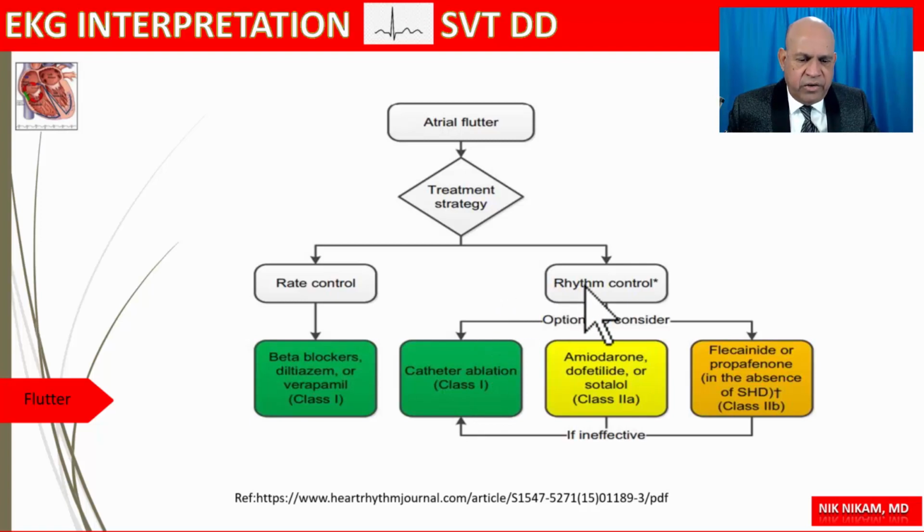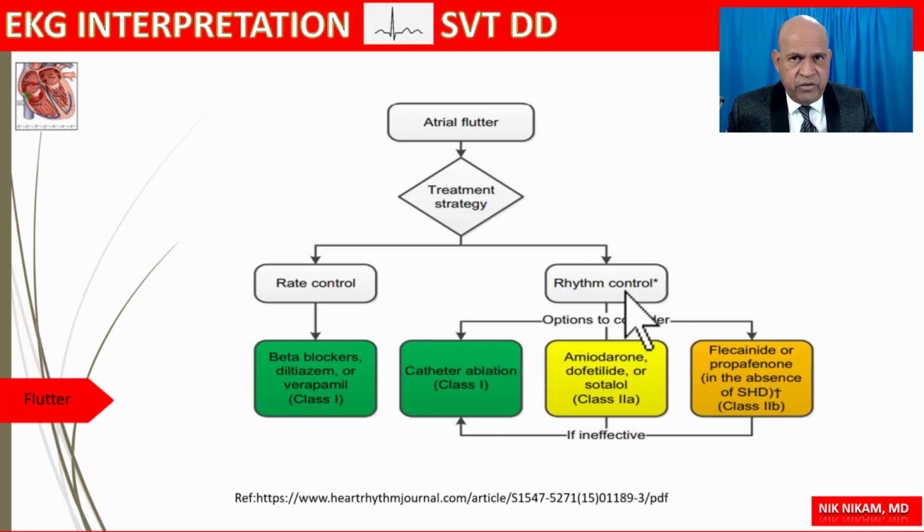On a long-term basis, we can try amiodarone, dofetilide, or sotalol, or we can also consider flecainide and propafenone in the absence of structural heart disease. Before we go into rhythm control, one of the most important things we need to take into account is the presence of thrombus in the left atrial appendage.